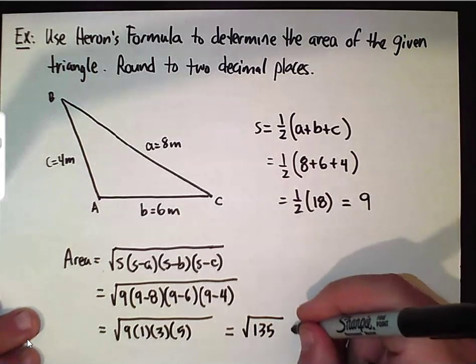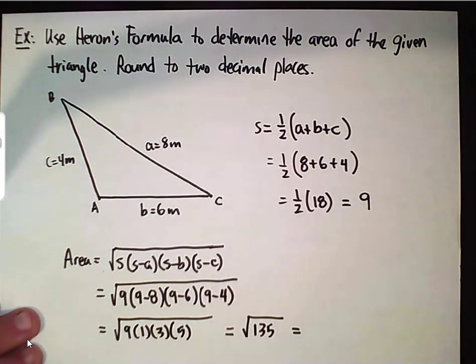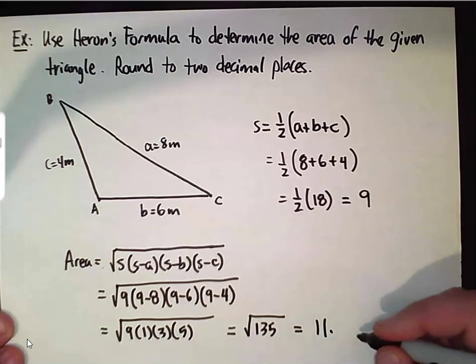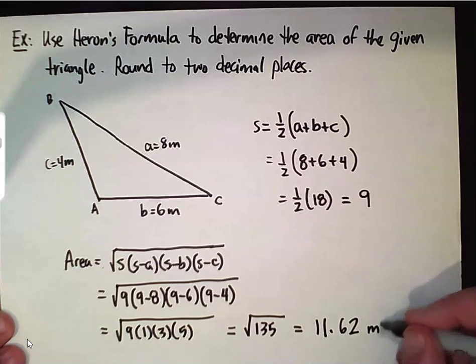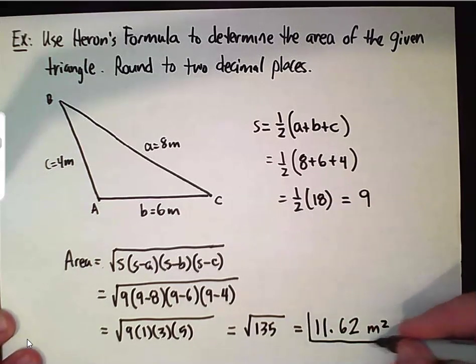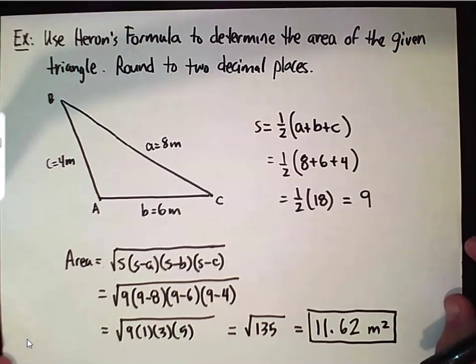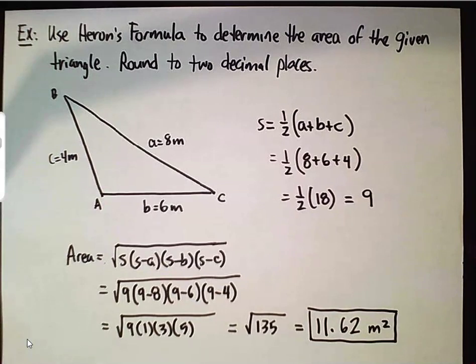If I plug that into my calculator, we get 11.62 square meters. And that's how we use Heron's formula to find the area of an oblique triangle in the side-side-side case.